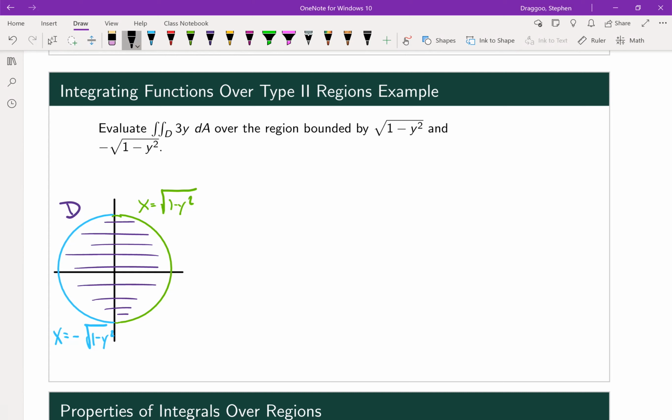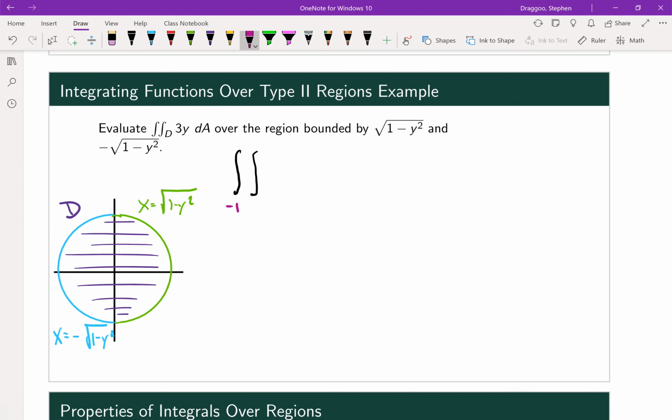So if we throw all that into an iterated integral, we're going to kind of break the pattern that we had going, and we're going to use magenta for the y bounds this time.